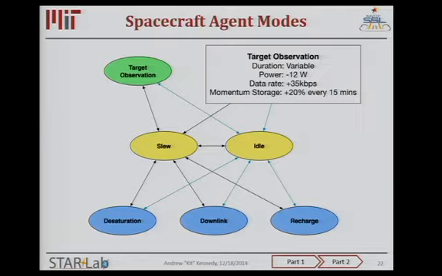An example of resource utilization in target observation, and this is similar for the other modes, is that you might have a power draw of 12 watts, producing data at 35 kilobits per second, and producing momentum at 20% of maximum storage every 15 minutes. These numbers are based on actual numbers from the MiRaTA spacecraft mission.